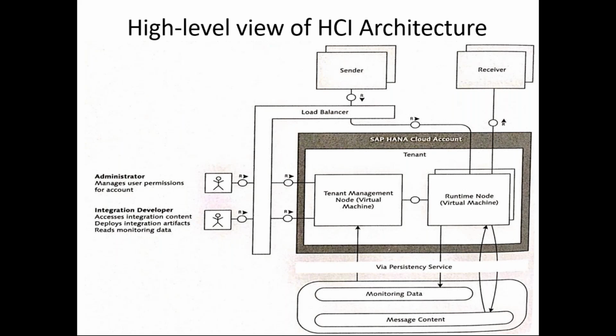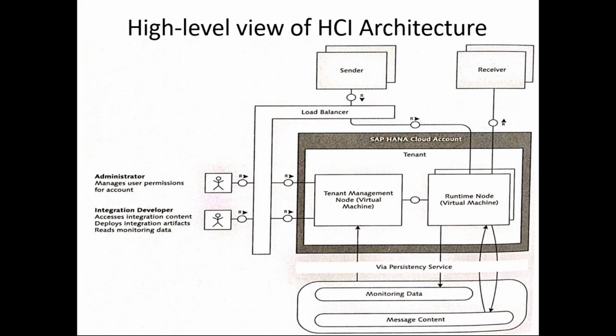When I say tenant, it is a logical entity that represents the customer data. This tenant contains two nodes, TMN and RN. In the bracket it's showing virtual machines. Why? Because both are using the resources of the Java virtual machine. And what is TMN?